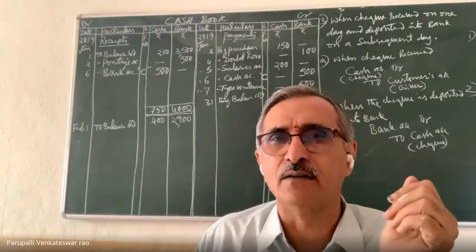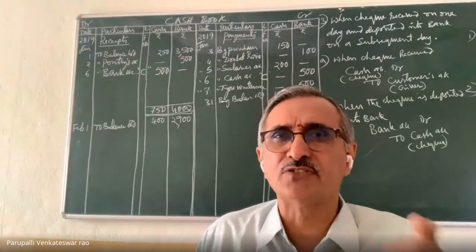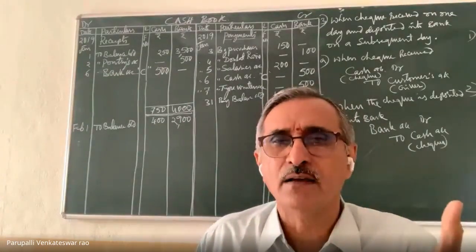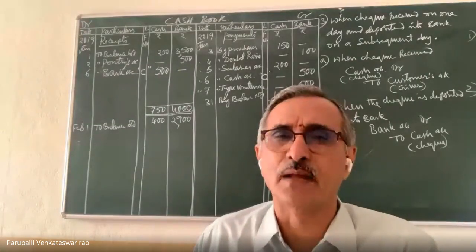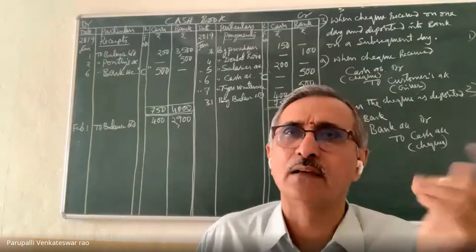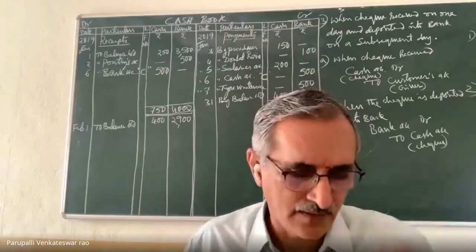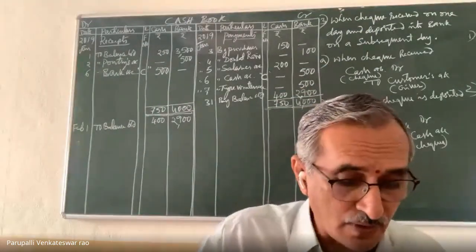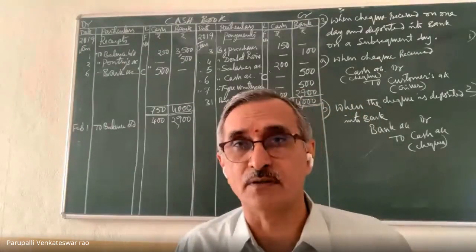If it is a cheque, the bank column. Suppose it is a payment. The next question is cash: cash paid, write in the cash column. Cheque issued, bank column. That's all. Nothing else. Next, problem number 4, I will take up the triple column cash book.